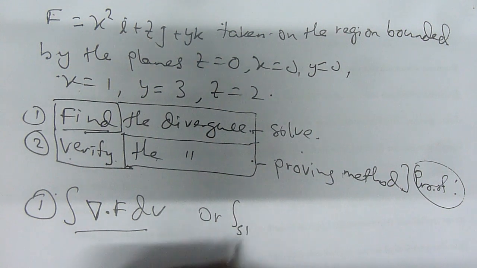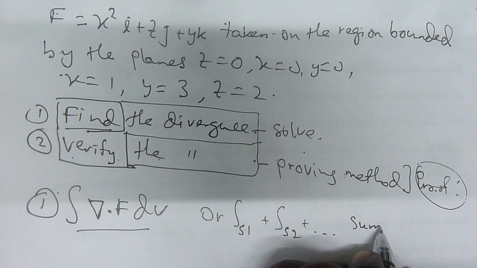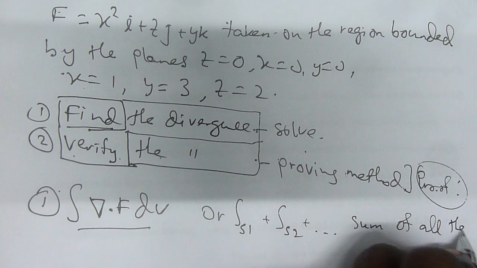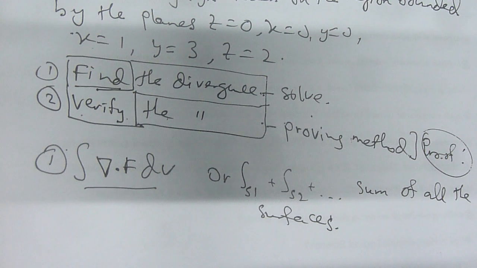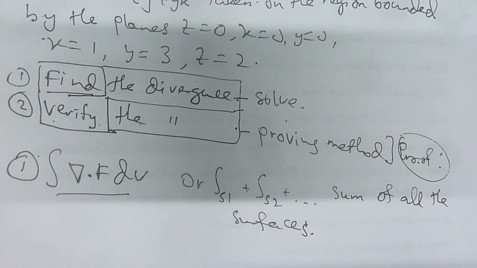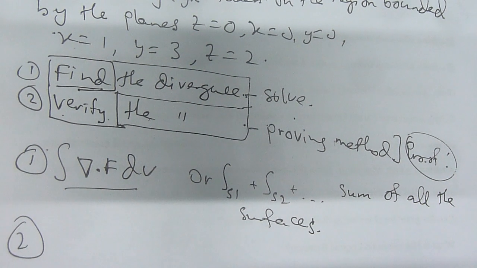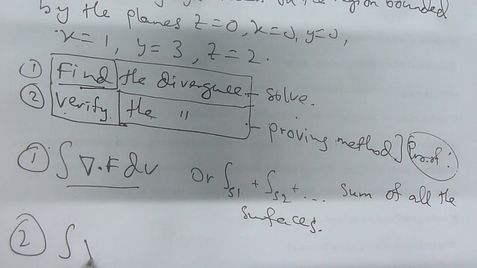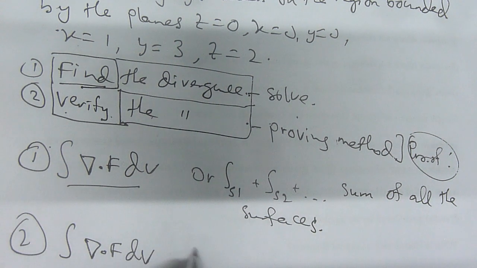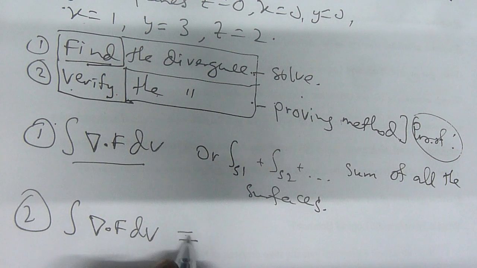You can go for either this or this. But in option 2, when they use a verify question, you don't have any options. You need to prove both. You need to work on both sides and show both. This is a very lengthy question. There is no other way, you need to show they are equal.